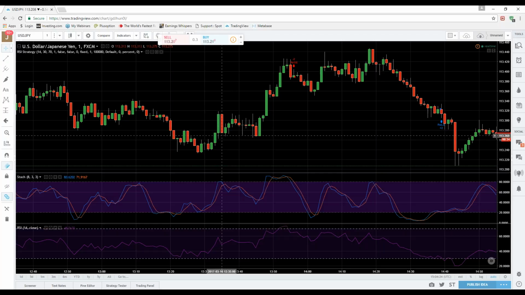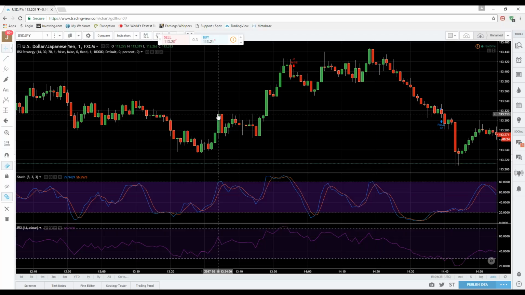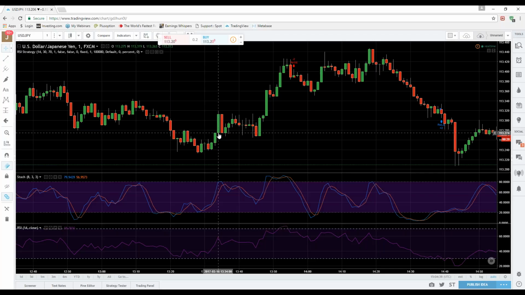The colored part we call the body. Since it is green, it shows a price increase for that time period, meaning the bottom of the body is the opening or starting price, and the top of the body is the last or closing price for that time period.